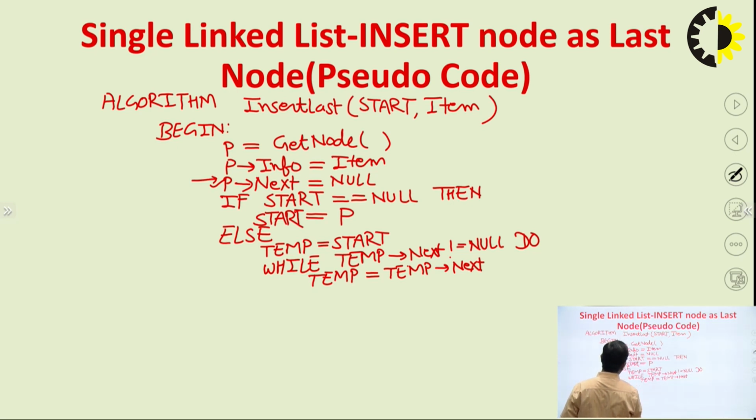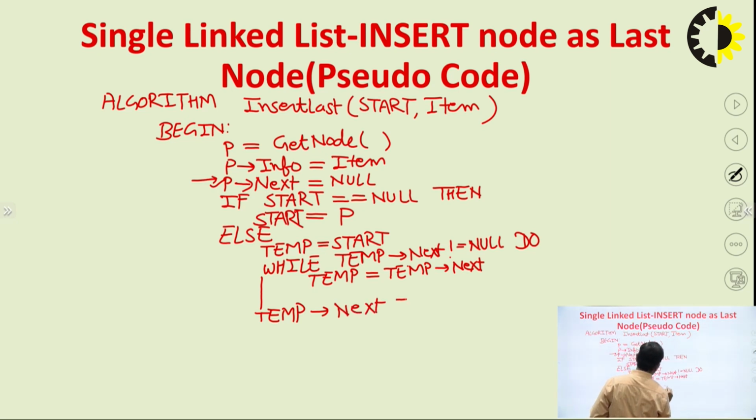After this while loop and inside the else, we have to update the address of the current last node, which is pointed to by temp. Now temp arrow next will contain p.